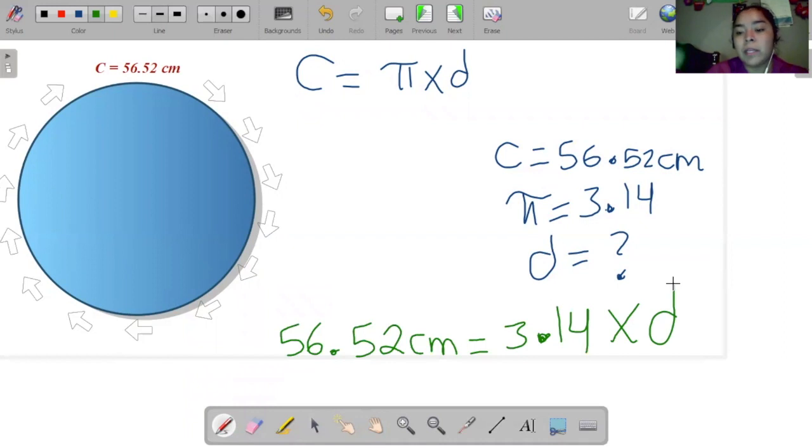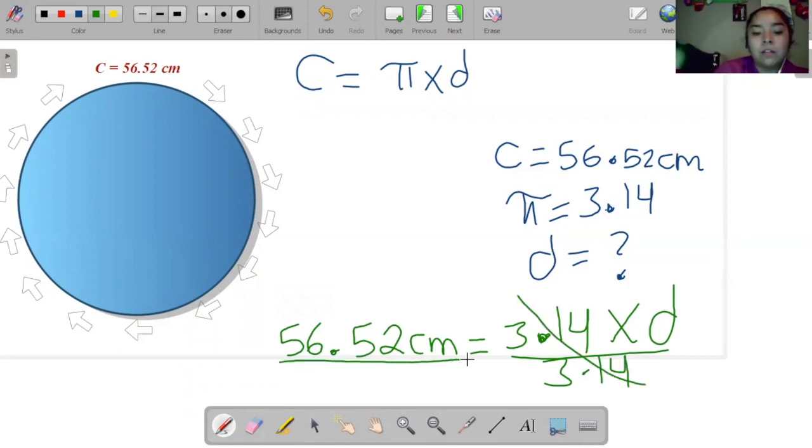Since this is multiplication, we're going to do the opposite. We're going to divide by 3.14. So this cancels, and we do the same thing on the other side.